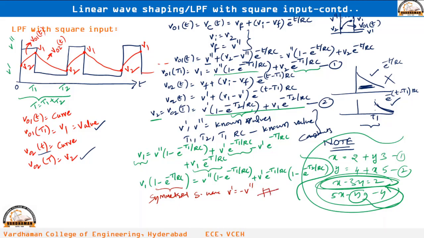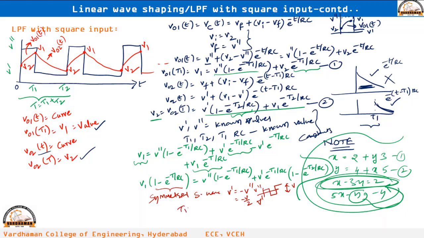Symmetrical means like this, it is V double dash, it is V dash. So, one is the negative of the other. If the overall peak to peak voltage is V, we can take here minus V by 2. V dash is equal to minus V by 2, because that is the lower level. So, minus minus will be cancelled, V double dash is equal to V by 2, the upper level.